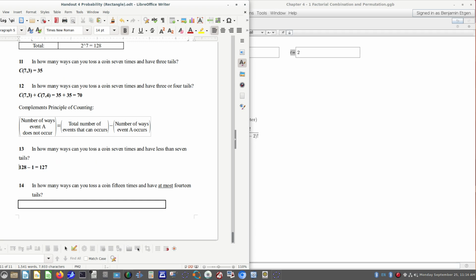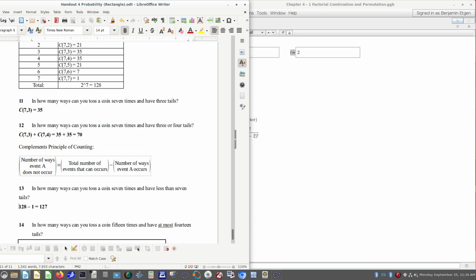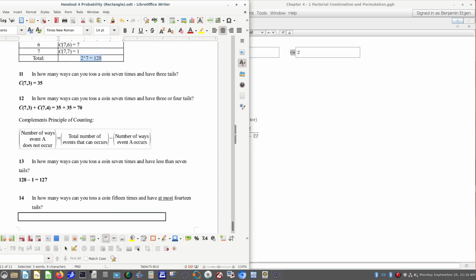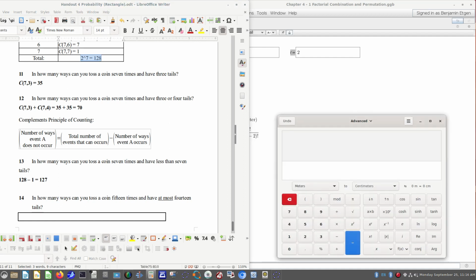Very similar in this next question, how many ways can you toss a coin 15 times and have at most 14 tails? So the first thing we want to do is count that total again. We want to know how many different ways there are of tossing a coin 15 times. So let's pull up our calculator again. 2, and we're going to raise that to the 15th power.